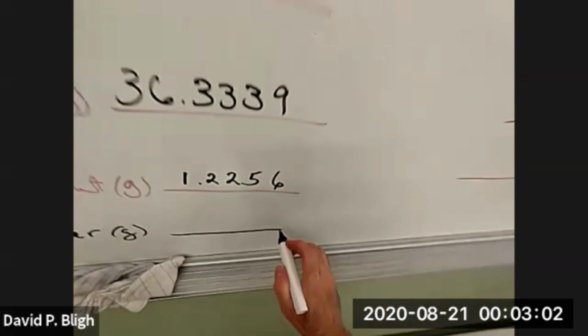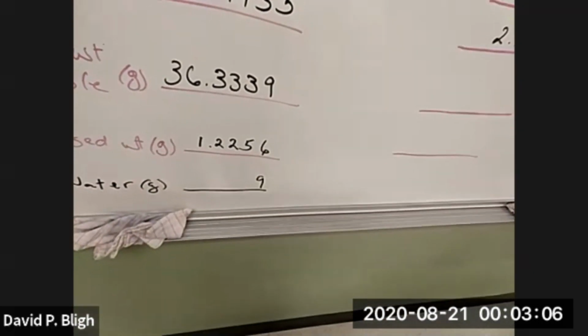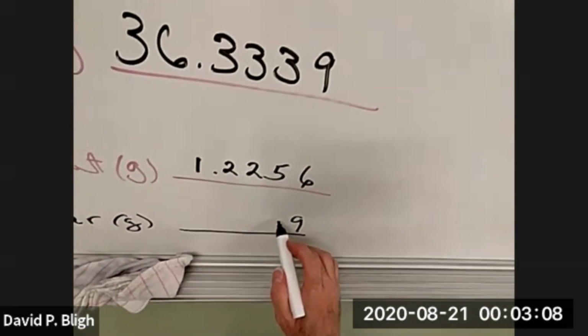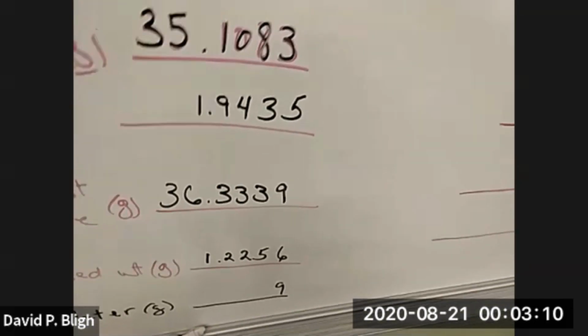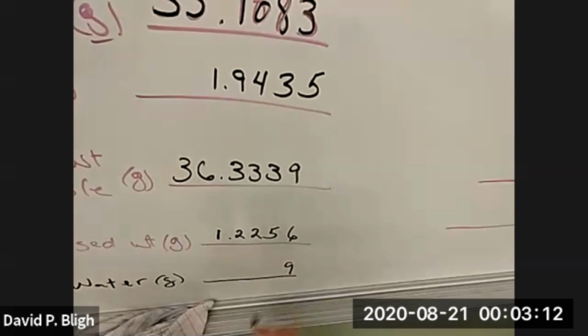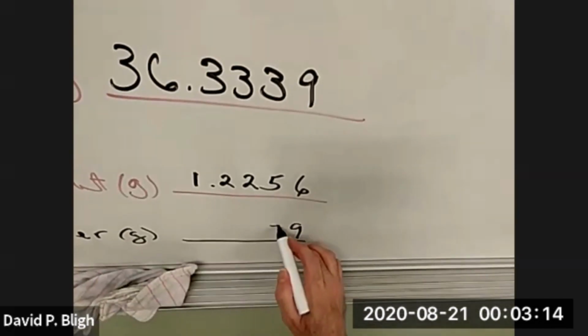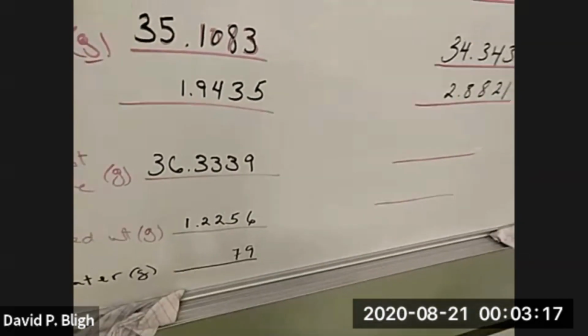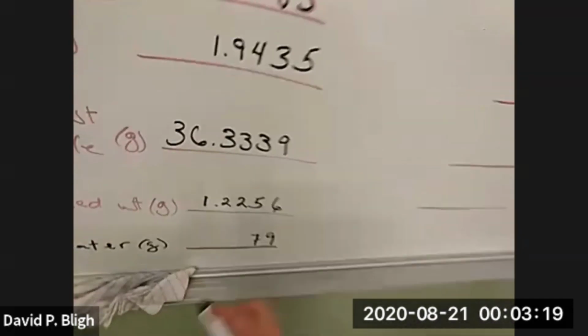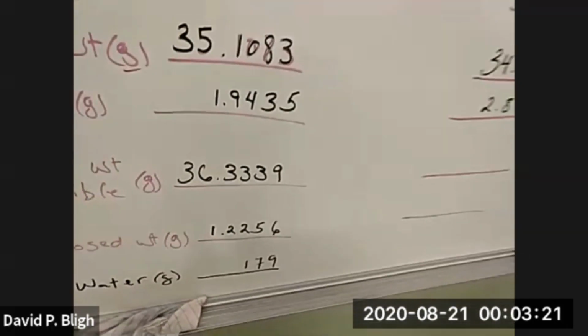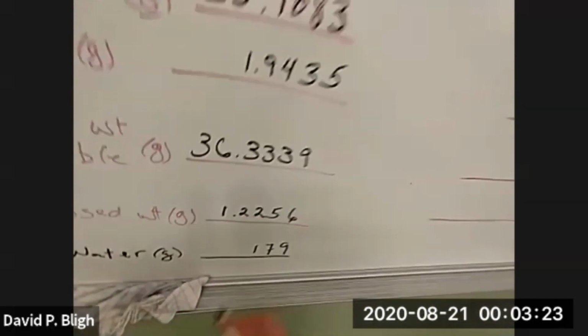So this will be a 9. 5 from 13, 8. Nope, 5 from 12 is 7. I had to borrow one, and I had to borrow one up there, so that's 1 here.